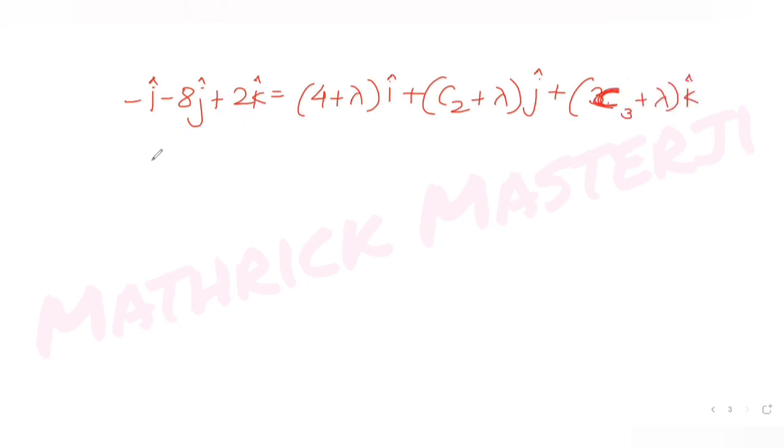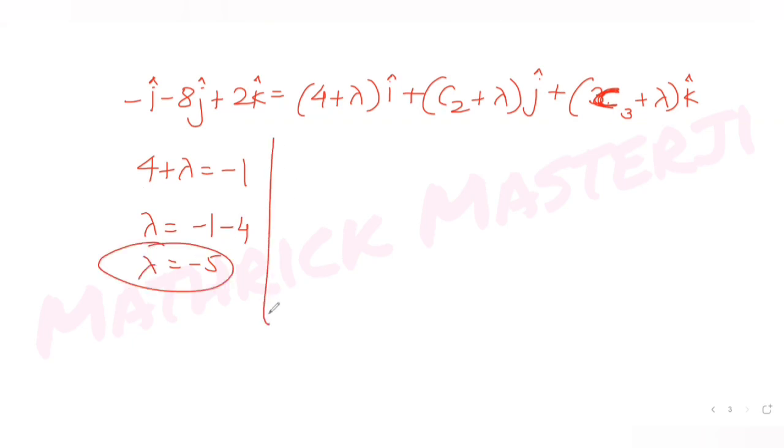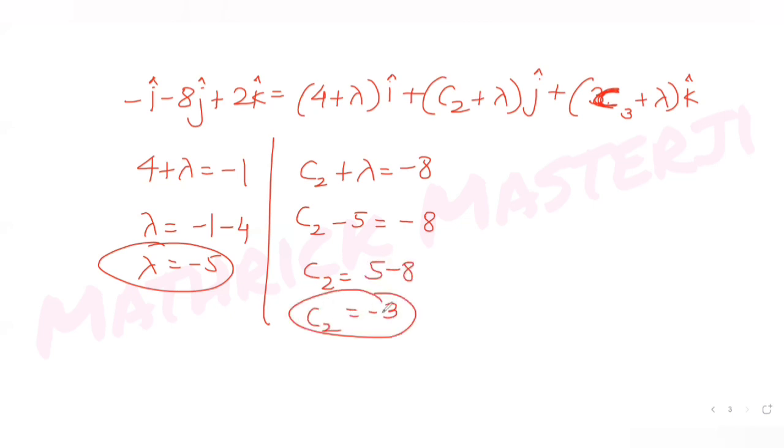Once I have this, I'll equate the coefficients: 4 plus lambda equals -1. Lambda becomes -1 minus 4, which is -5. So I get the value for lambda. Now, C2 plus lambda is -8, so C2 minus 5 is -8. That gives me C2 is 5 minus 8, which is -3. And the third is C3 plus lambda, which is 2.